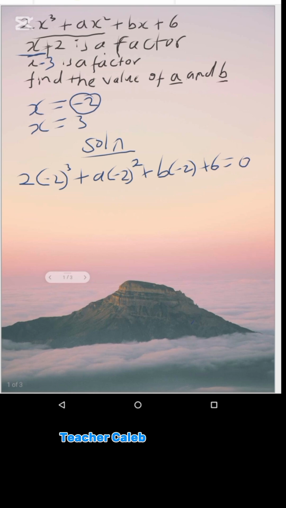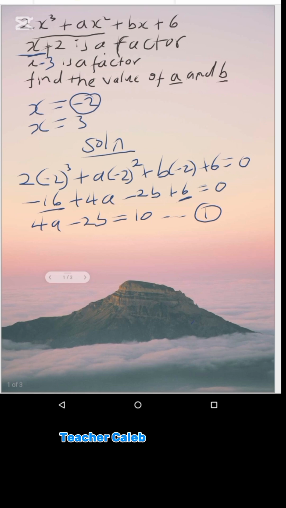Here we have negative 16 plus 4a minus 2b plus 6 equals 0. We can collect like terms, negative 16 and 6, which gives us negative 10. So 4a minus 2b equals 10. This is our first equation, equation 1.